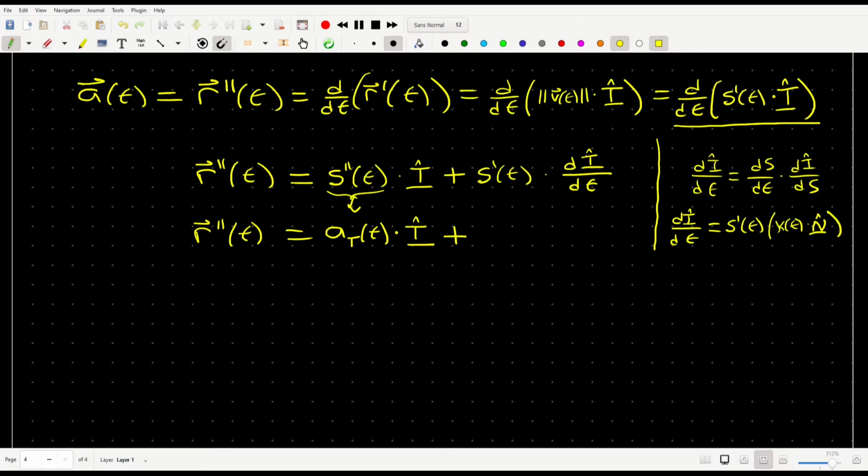So when I plug this in here for dT hat dt, this is the same thing as the curvature at the parameter t times s prime of t squared, all times the unit normal vector.